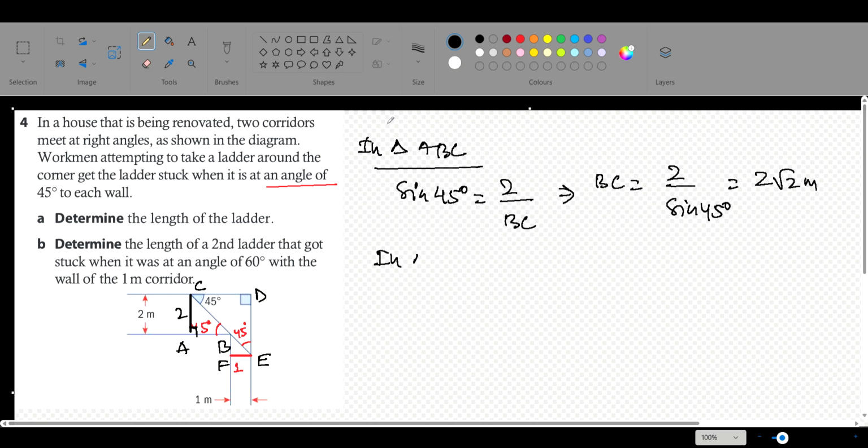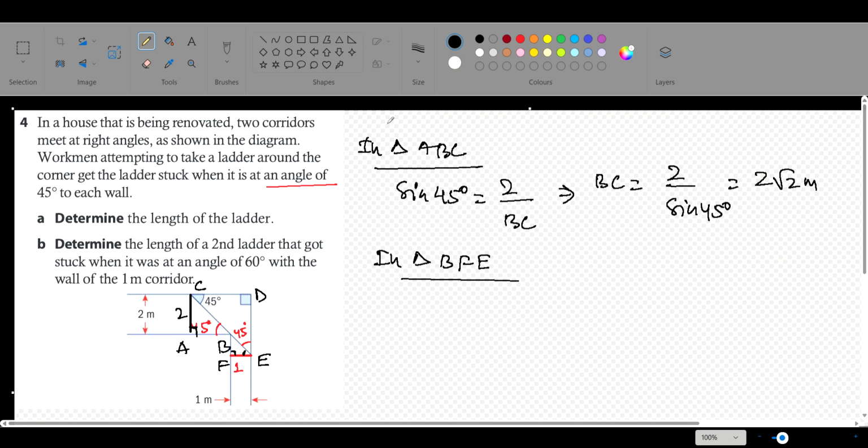And in triangle BFE, again this is right angle triangle at F, and this is 45, so this will be also 45.